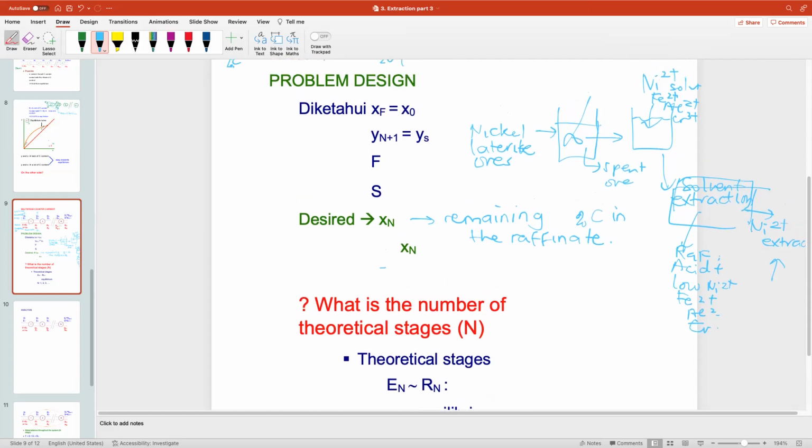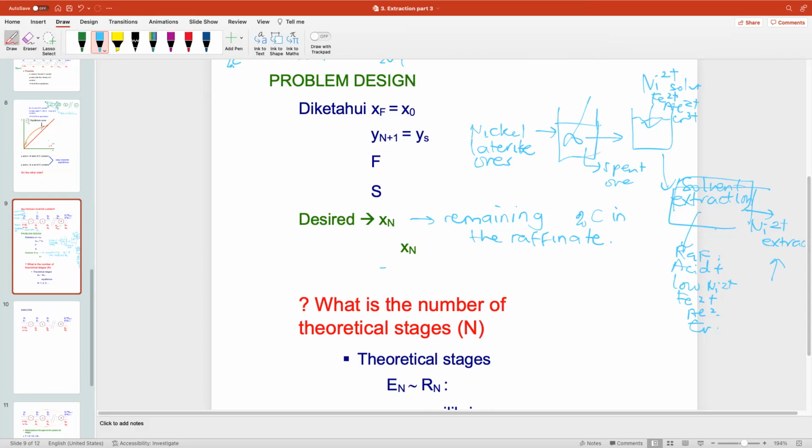So in the solvent extraction, the company should think how much of the nickel should be extracted. Is it 99% or 98%, or maybe 97% is fine. So the remaining low nickel, 1% or less than 1%, I can maybe regenerate it to make the sulfuric acid for the leaching.